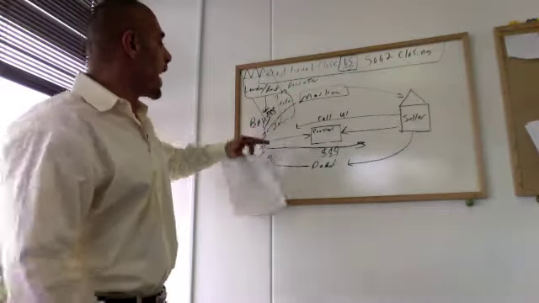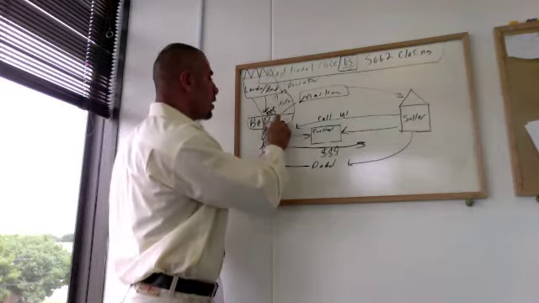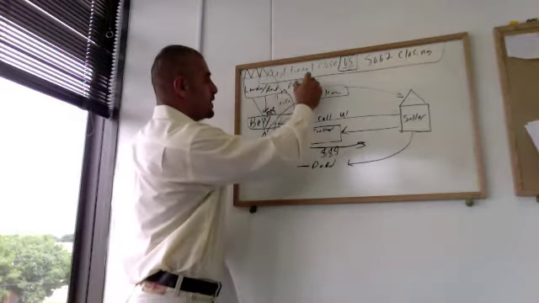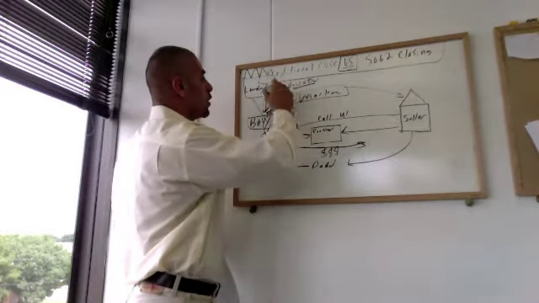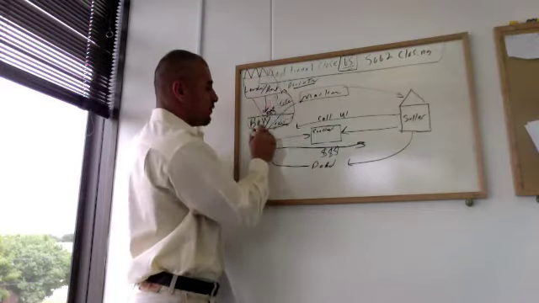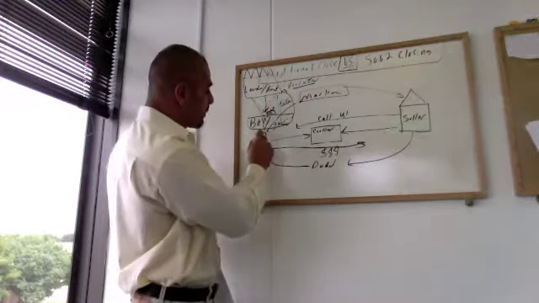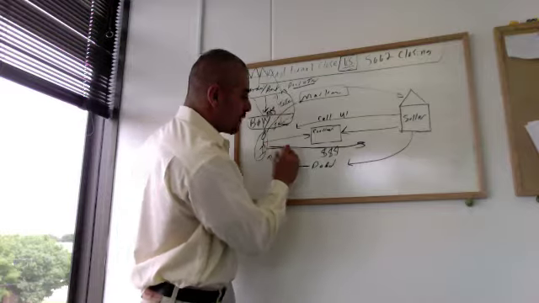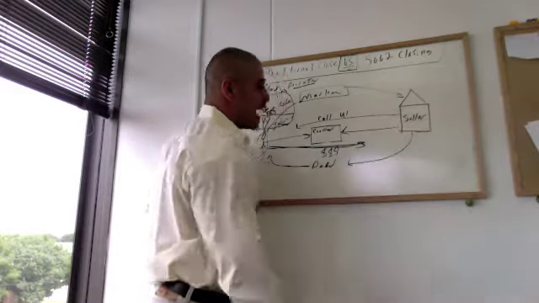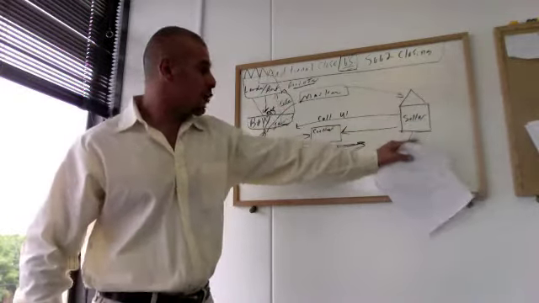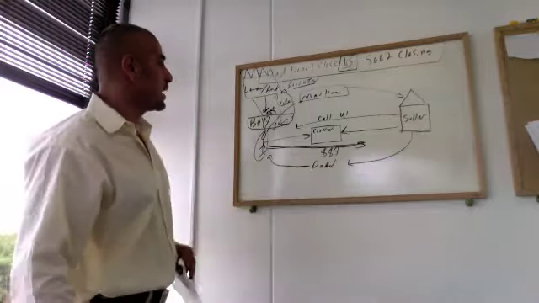Once you as the buyer sign the note and the deed of trust, the lender will give you the funds. And then once you have the funds, you're able to give it to the seller, okay? In return, the seller will give you the deed, all right?